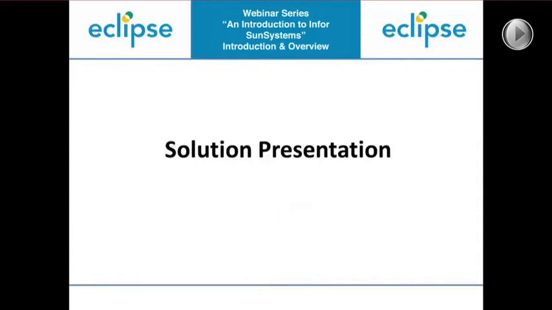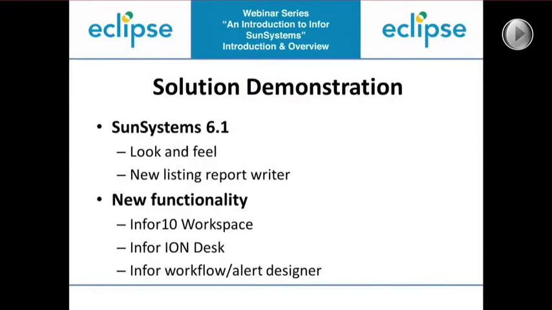Okay, so what I'll do now is switch over quickly and give you an overview in the demo machine of some of these different components and how they look in real life. We will take a look at the new look and feel of SunSystems 6.1.